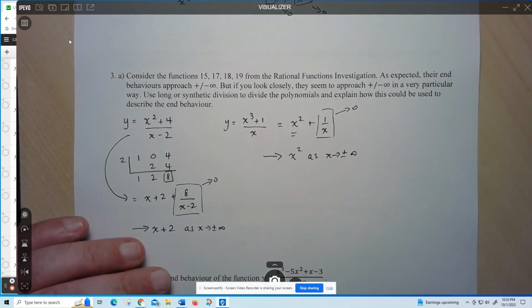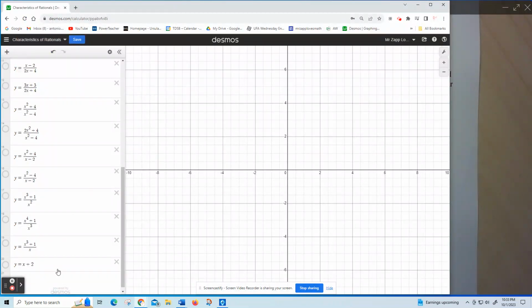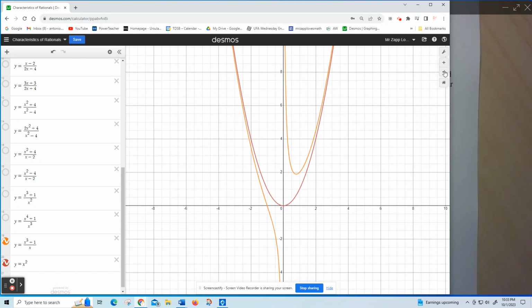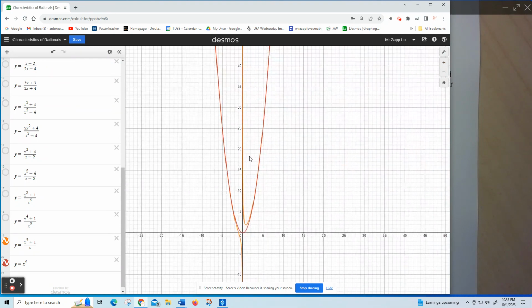And let's check it out on our graph. So let's put this one here, and now let's sketch the graph of x squared. And look at that. As we zoom out, we see that they become almost indistinguishable from each other.